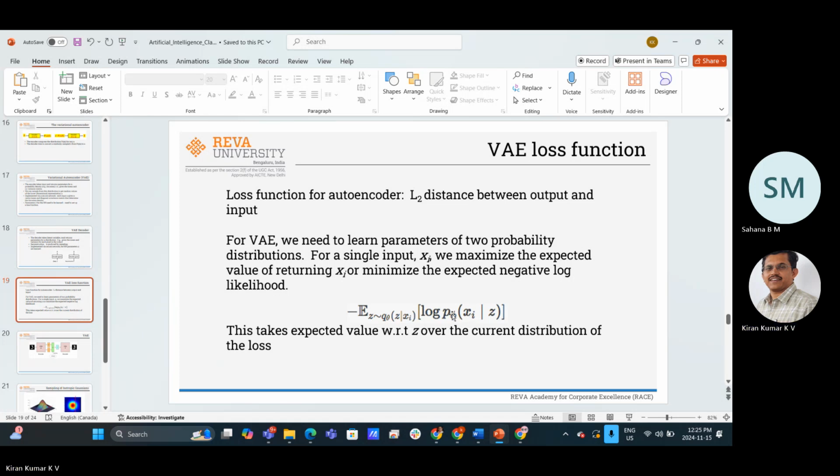Average of P phi of x given xi, z. Negative value might be, this log is giving negative output. No, negative into negative will become positive. So if you want, I can go into the formulas also, the mathematical derivations.